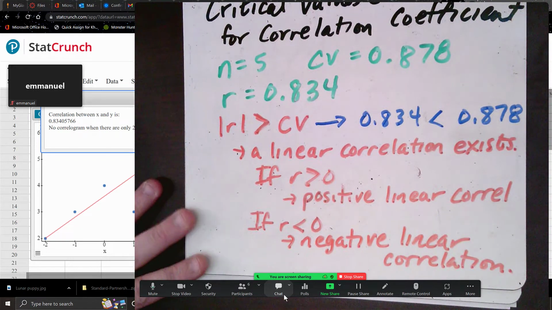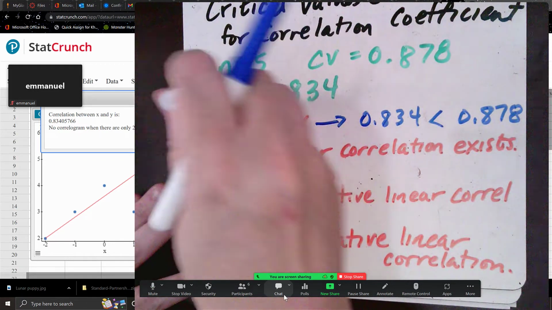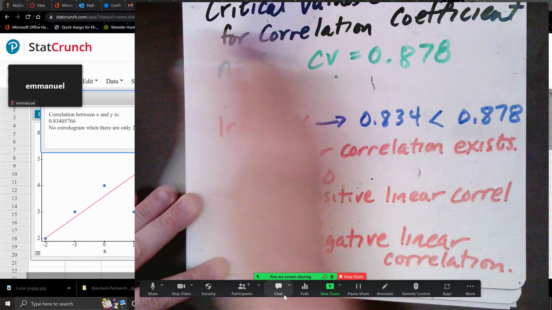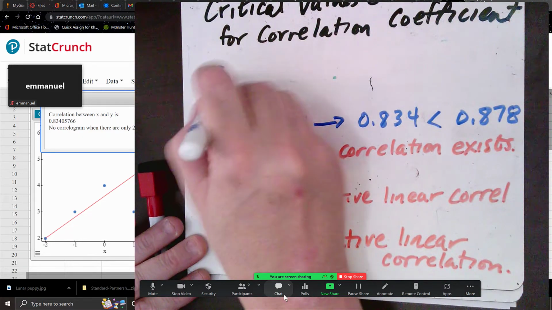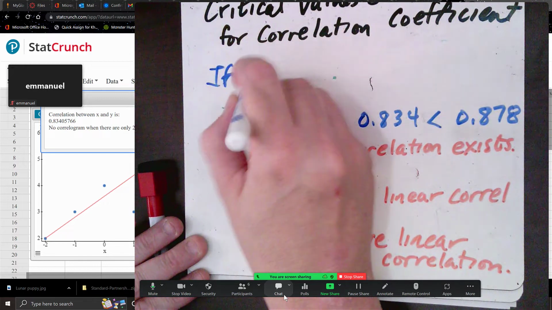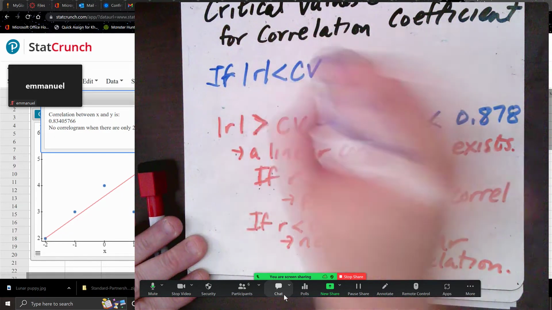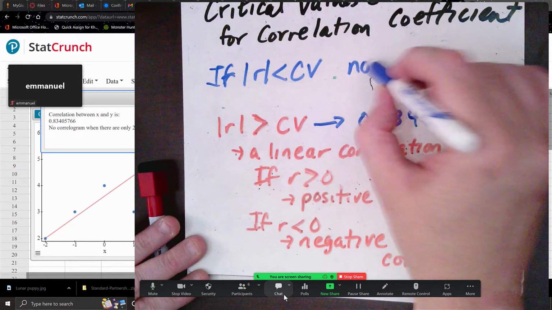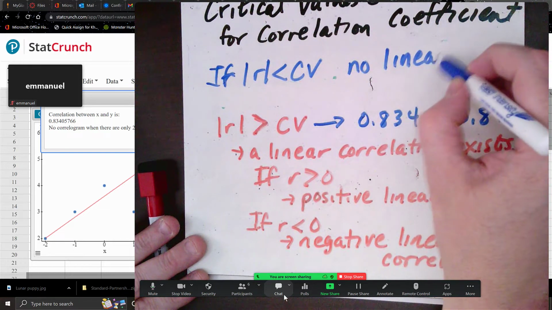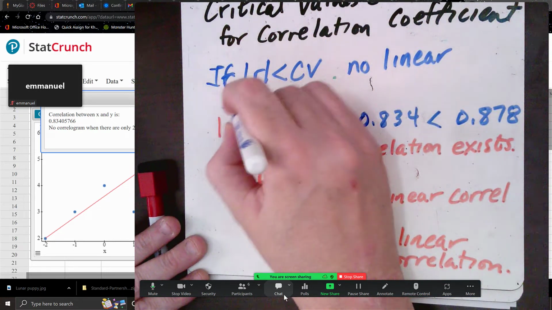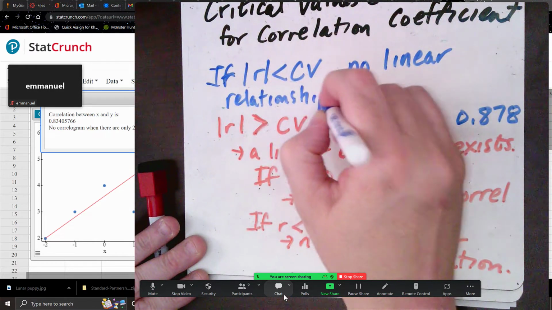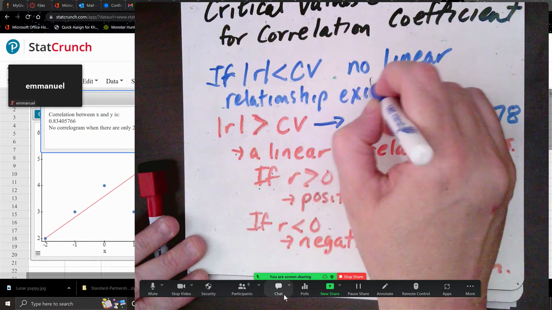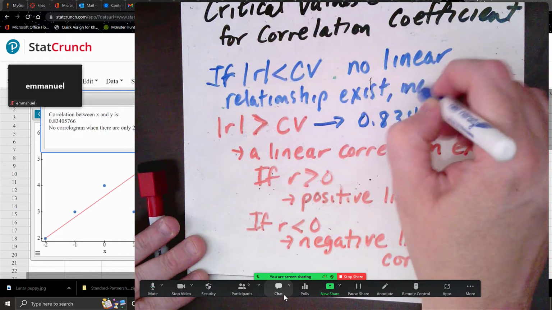When we have a less than, if absolute value of R is less than CV, no linear relationship exists. Maybe a nonlinear one, though.